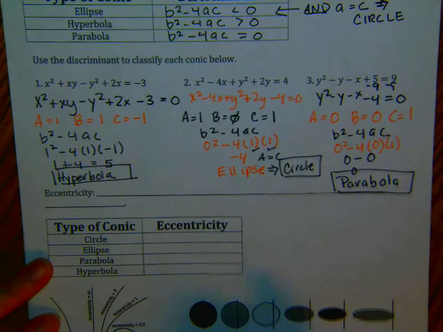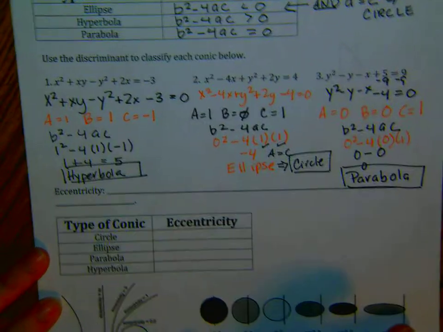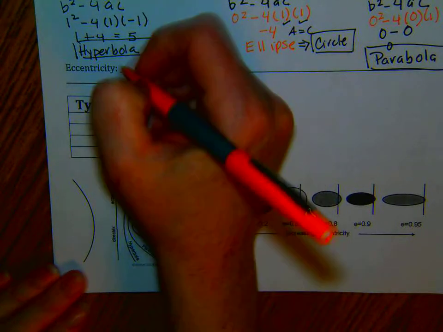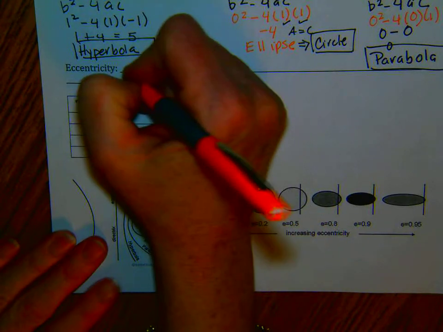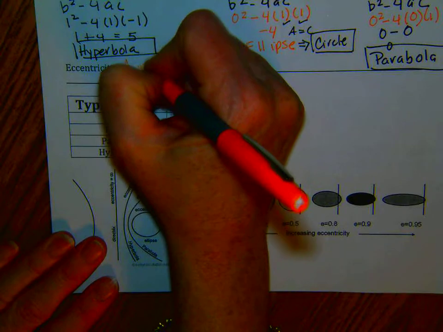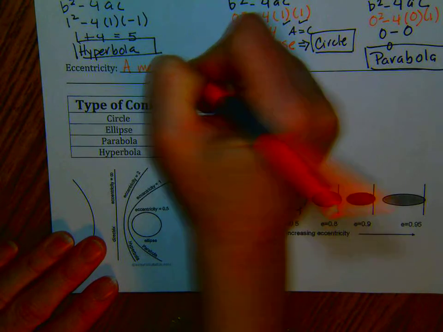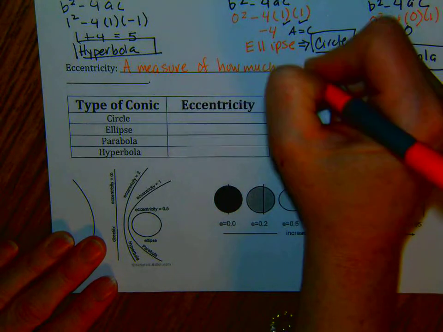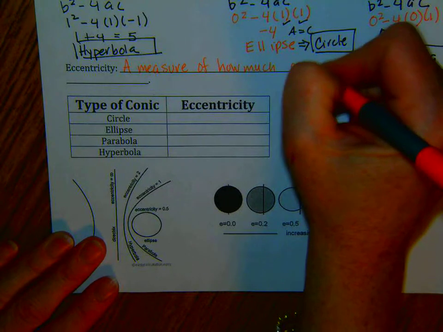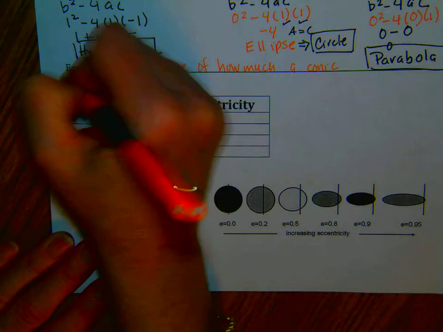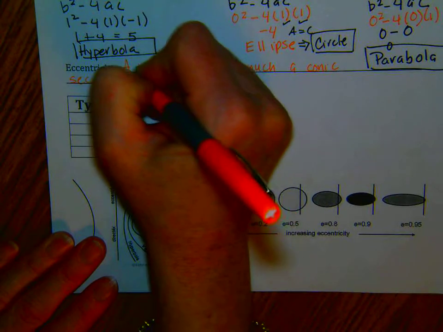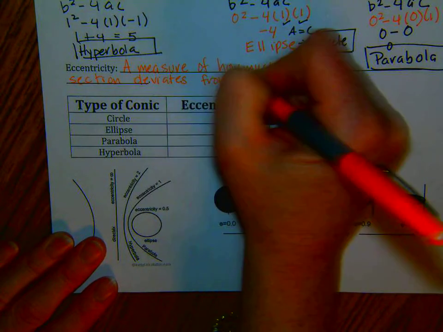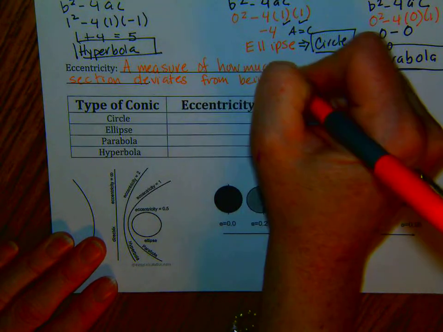Eccentricity. All right, eccentricity. It's not a measure of character. It is a mathematical term that means a measure of how much a conic section deviates from being a circle.